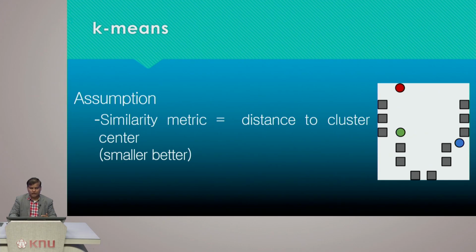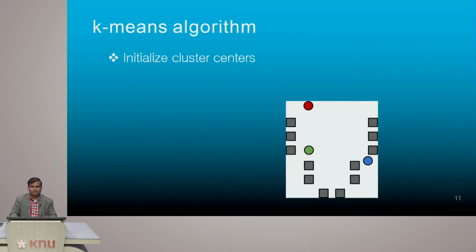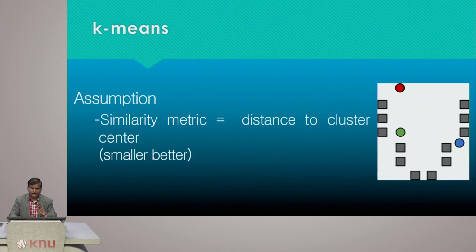Now we are given a list of objects, and we are going to have clusters, like 3 clusters, 3 different cluster points given to us. Initially, you are going to initialize the cluster centers. As we have defined here, we have 3 clusters, the red one, the green one and the blue one.